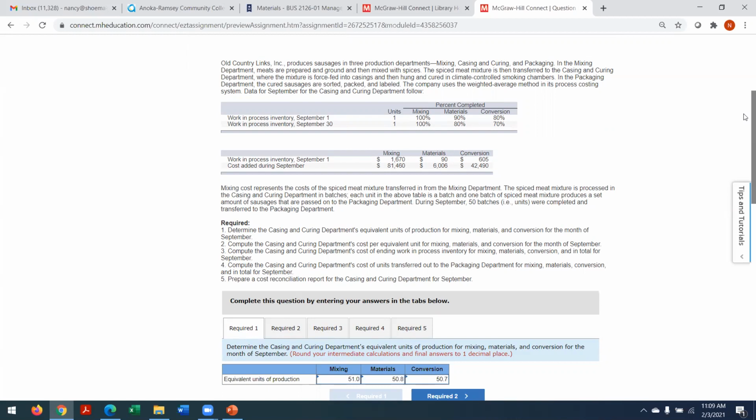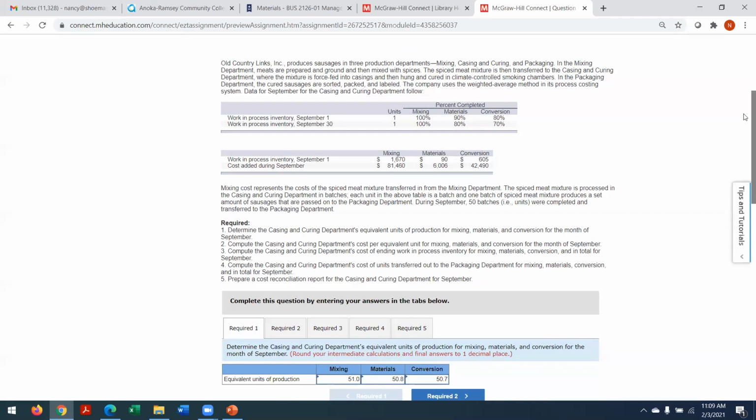And then we've got the work in process inventory for mixing, the materials, the conversion, and the costs that were added during the month. Mixing cost represents the cost of the spiced meat mixture transferred in from the mixing department. The spiced meat mixture is processed in the casing and curing department in batches.